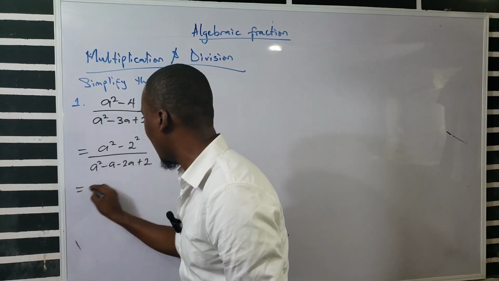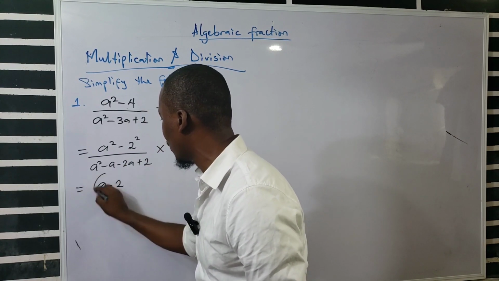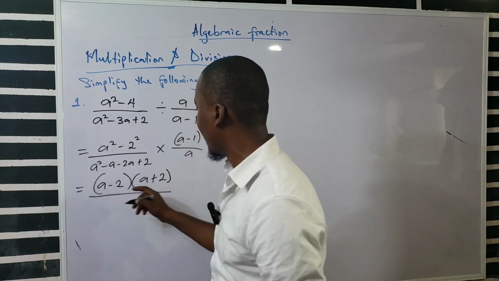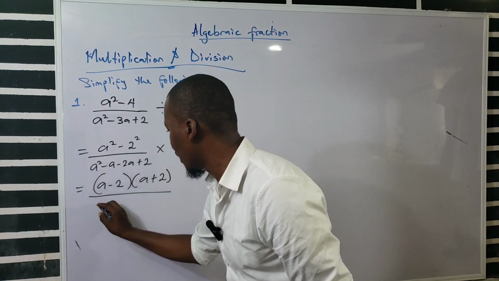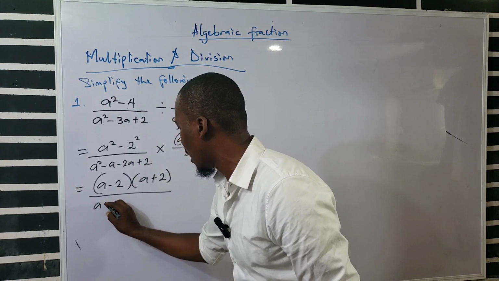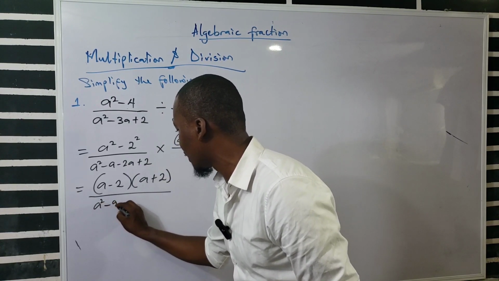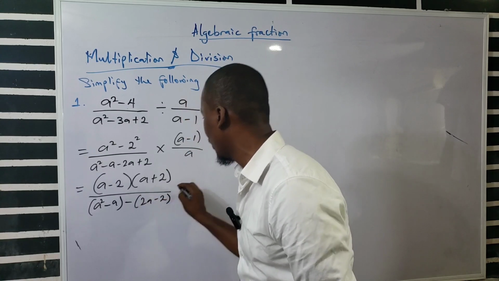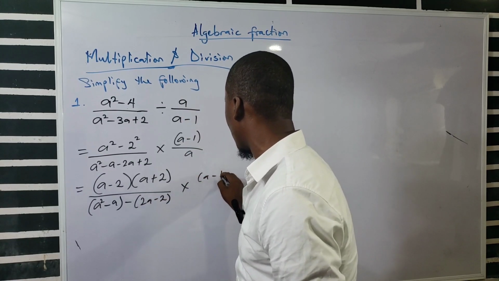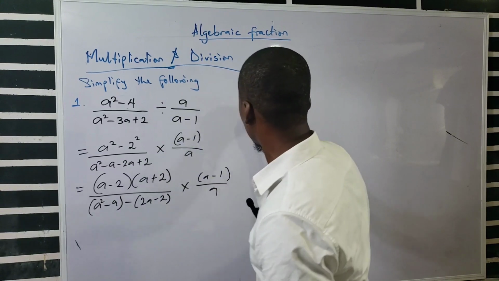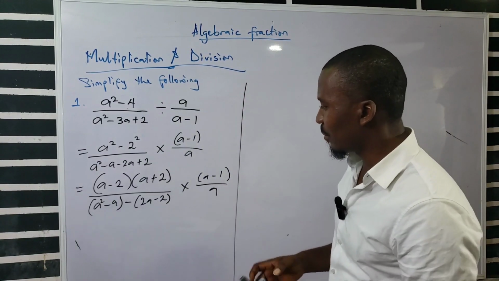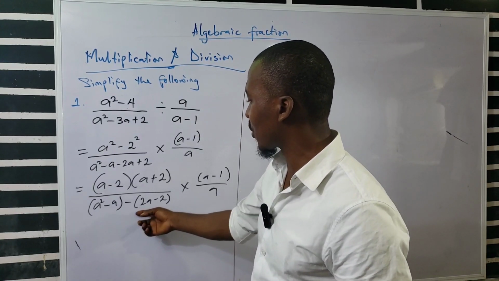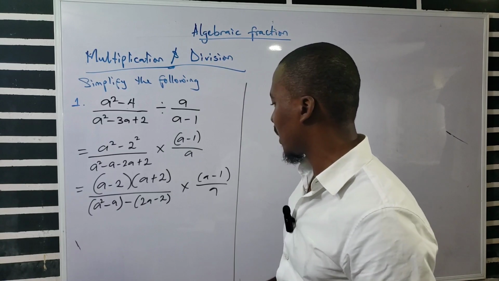So the up one here will give us a minus 2 into a plus 2 all over the down one here will give us a square minus a minus 2a plus 2 times a minus 1 over a. So simplifying further, we need to factorize the denominator completely before we can cancel out anything.